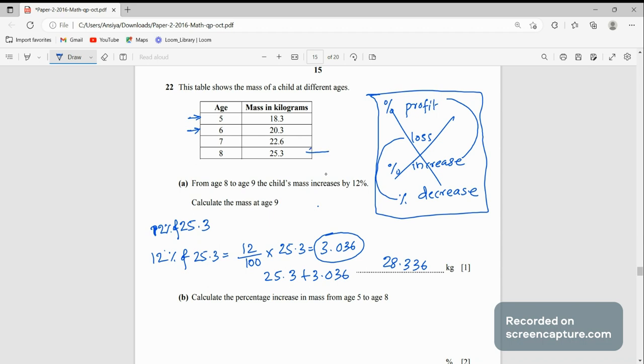This weight 25.3 increased by 12%. So first we find this 12% of this number. We are getting this. So that much the weight increased. So this number plus the weight increased, we are adding. We will get the weight when the child is 9 years old.